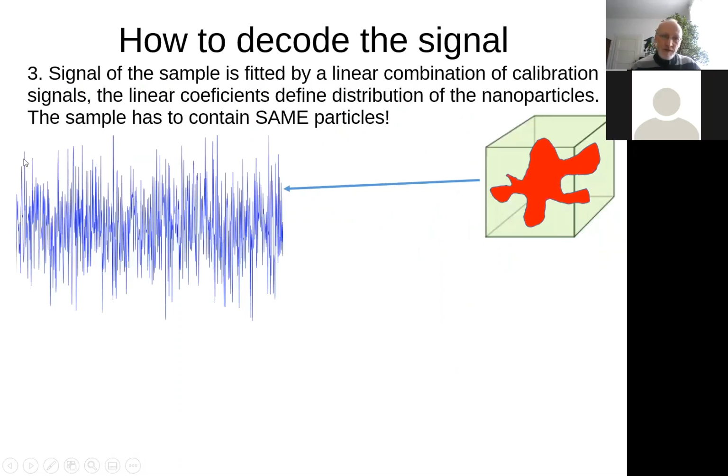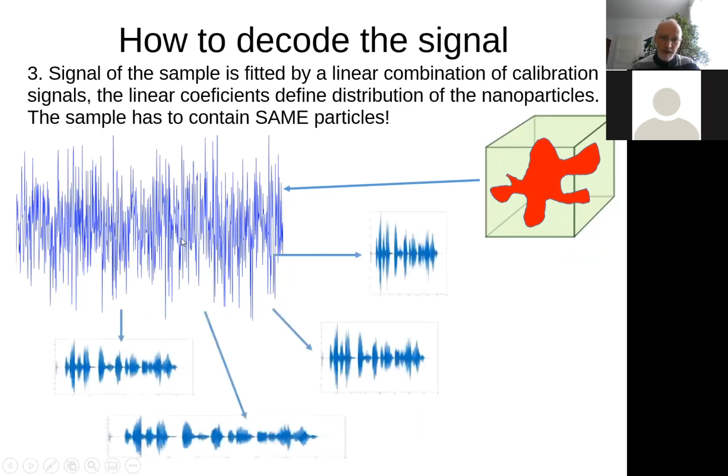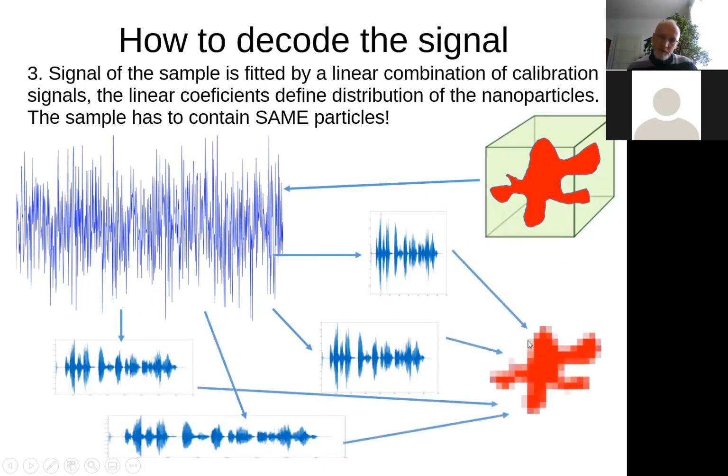So we fit this signal by the single calibration data, which we already measured, and find a linear combination of all these calibration data. And from the linear coefficients, which we calculate from the fitting, we can put together a concentration map of the unknown sample.